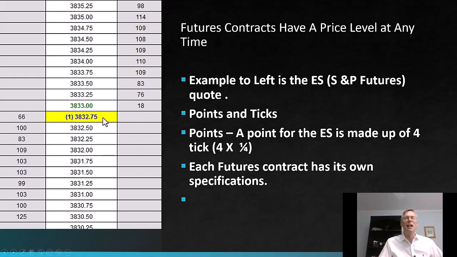If you bought the S&P futures contract at 3832.75 and it moves up 1 point, which is 3833.75, that would be a 1 point move. So if you bought at 3832.75 and sold later at 3833.75, you would profit by four times $12.50, or $50, less whatever commissions you would have paid on that trade.